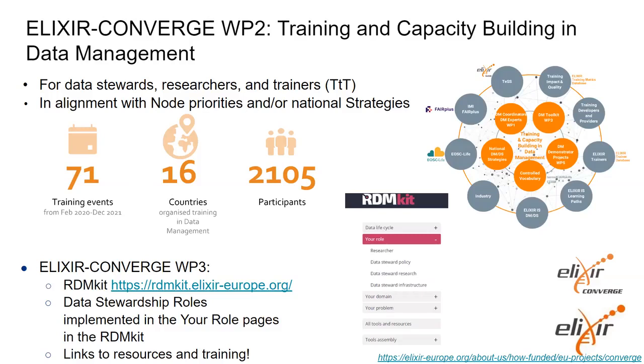And those entrance points are also defined in the RDM kit at the moment. So you see that on the right in the picture. The RDM kit, you can navigate by starting on which part of the data lifecycle you want to look at. But you can also say, look, I'm a researcher, and then you navigate maybe in a different way than when you're a data steward policy or a data steward research.